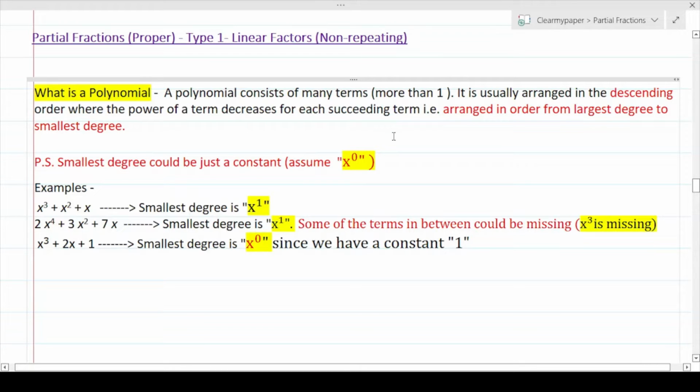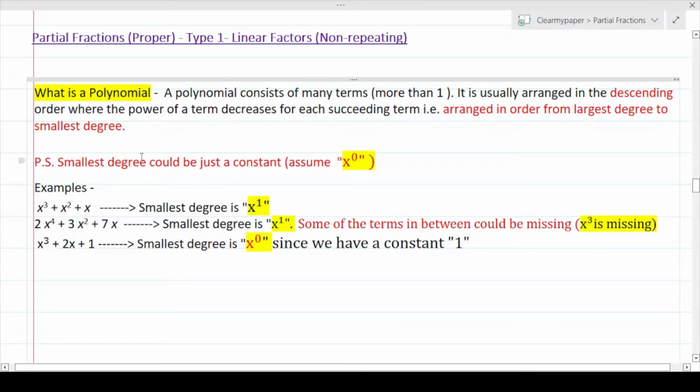Normally a polynomial is arranged in the descending order of the power of the x variable, or whatever the unknown variable is. So we start with the highest power and go in descending order, from the largest degree to the smallest degree.